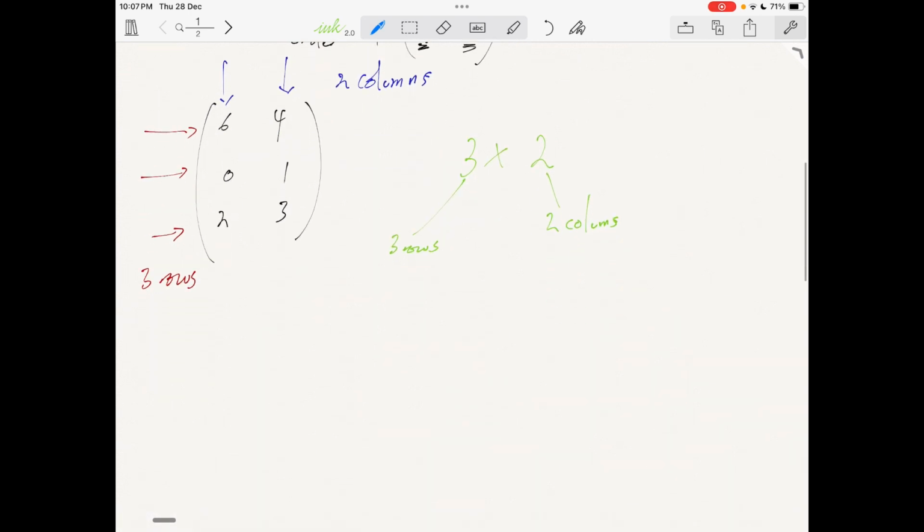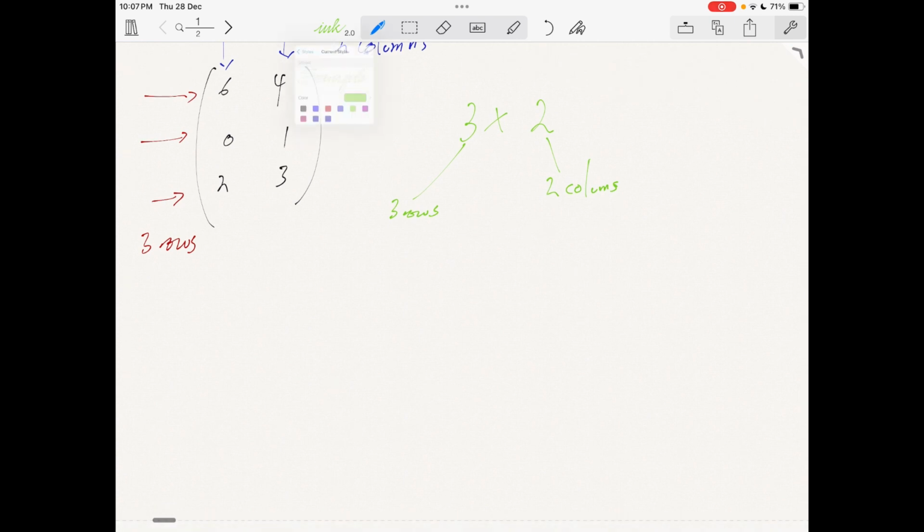We might be given a simple matrix and we have to know the order of the matrix. So let's take, for instance, a question.